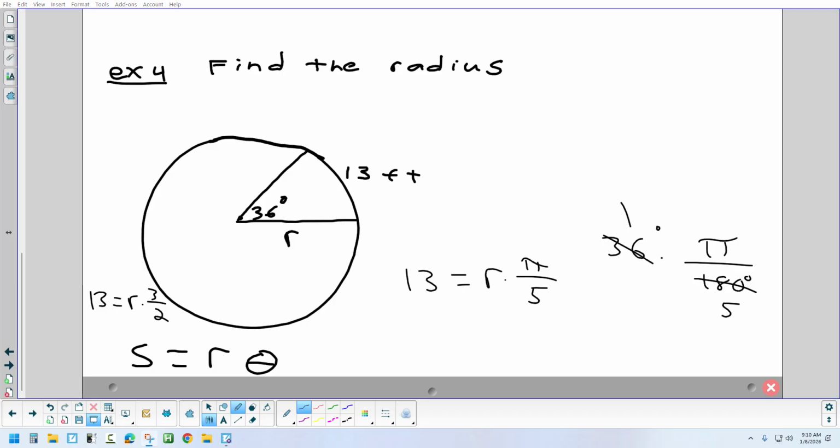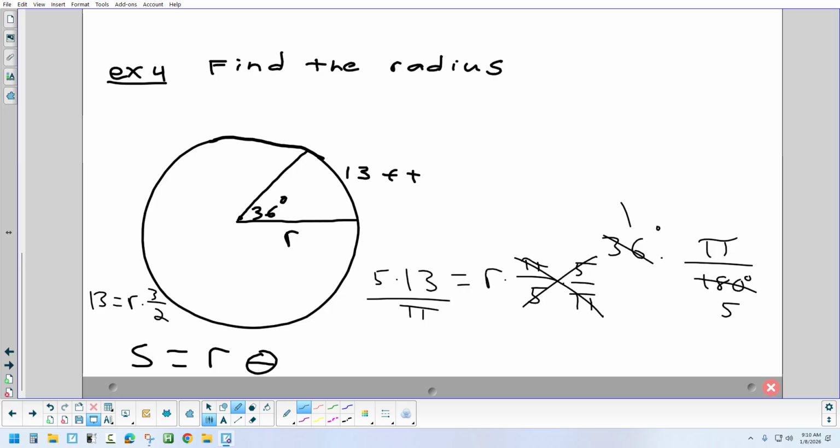Okay, so yeah, what did we say? Dividing, so we could divide each side by pi over 5, or multiply each side by 5 over pi. And that's easier, then we don't have to think about dividing by a fraction. Okay, when we multiply each side by 5 over pi, pi's cancel, the 5's cancel, and I think that's all that cancels.